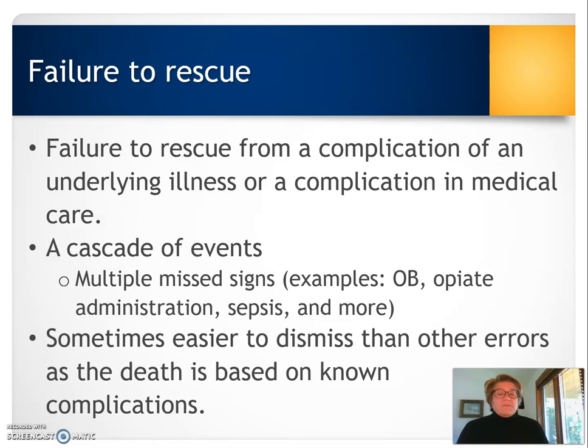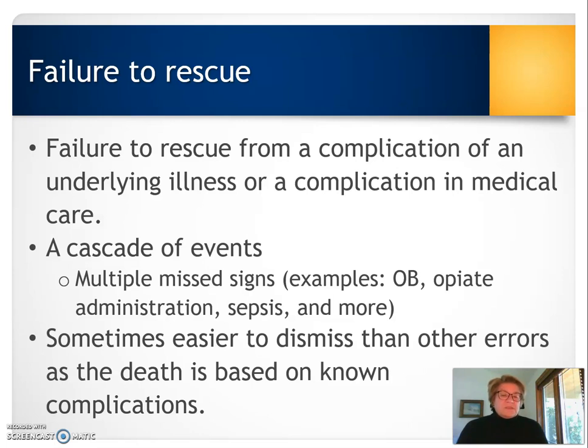On the other hand, it could be perfectly appropriate care, but the key is you do have to look at those kinds of outcomes. So basically, it's failure to rescue from a complication of an underlying illness or a complication in medical care. And it's a cascade of events.